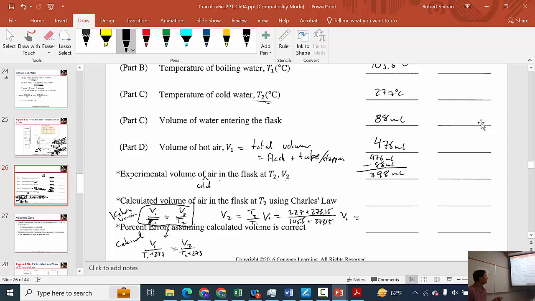Times V1. V1 is the volume of hot air, 476. 378.09 milliliters. How many sig figs are we allowed? It looks like 3 sig figs. We're going to have enough decimal places here. So this comes out to 378 milliliters.